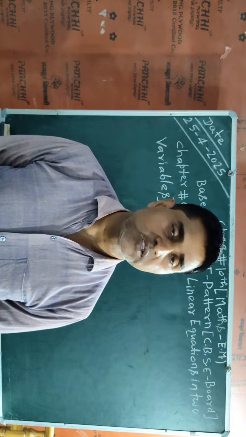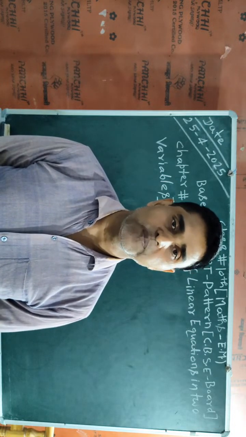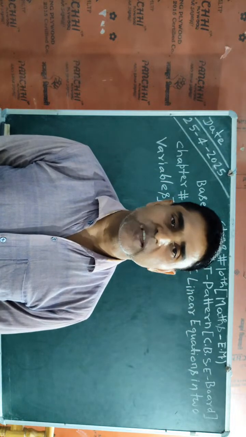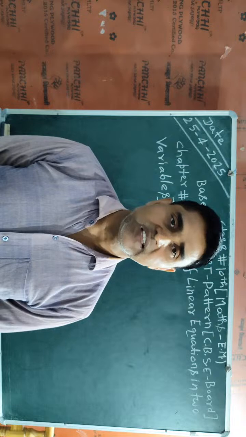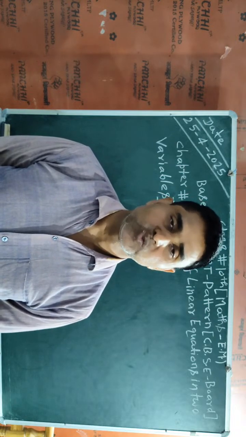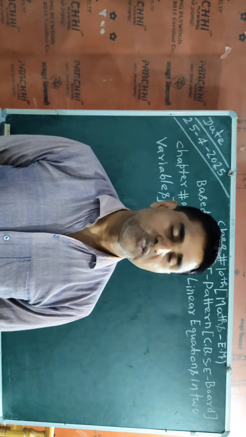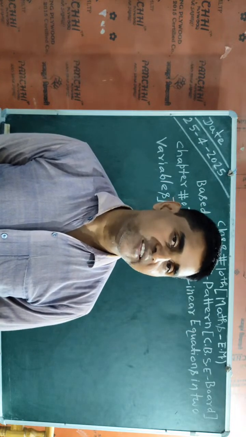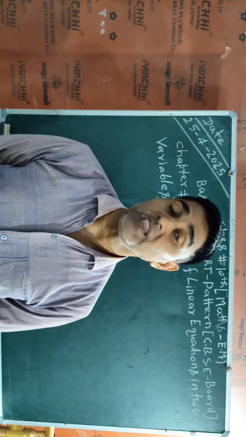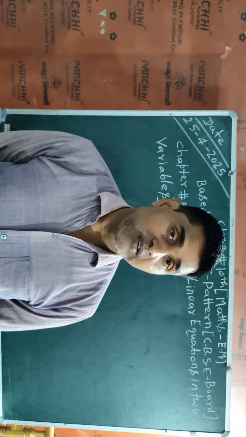First, its theory in the form of coefficient of x and the coefficient of y, and then I will take numericals from the textbook and also solve them with the help of two methods. One is the substitution method and the other is the elimination method.